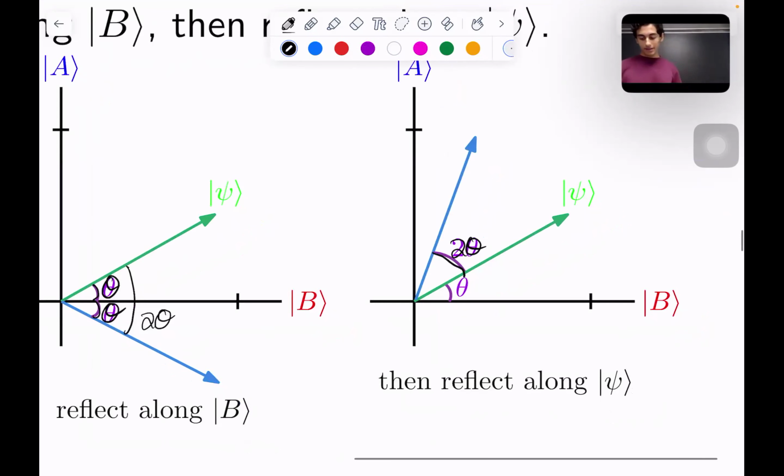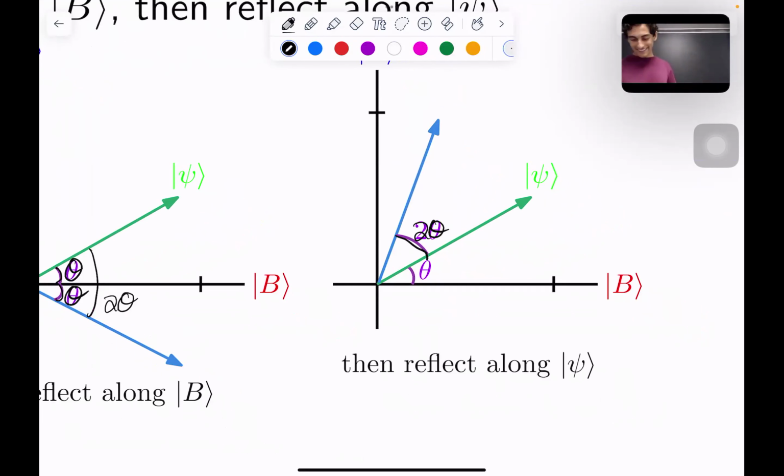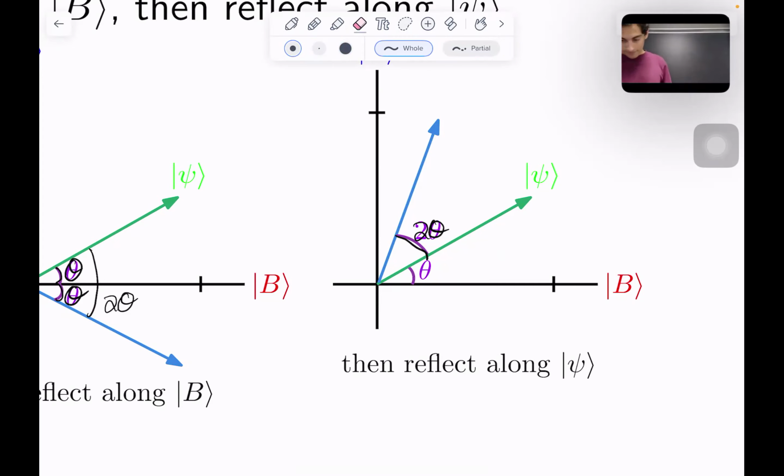So the angle of this vector originally was theta.